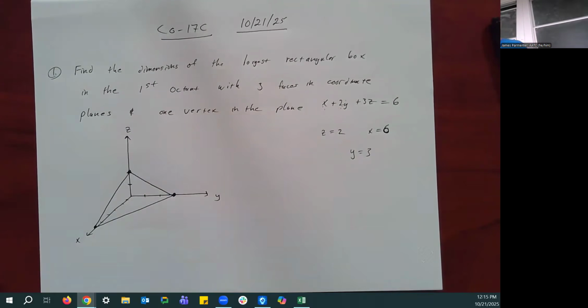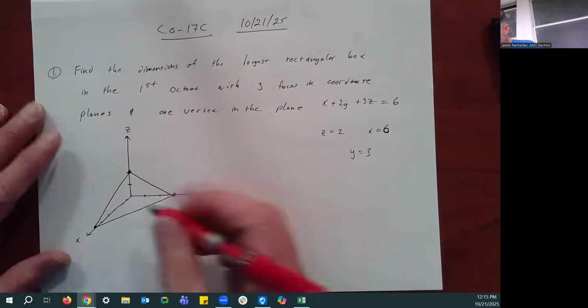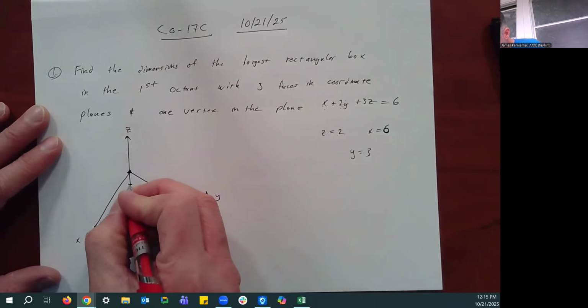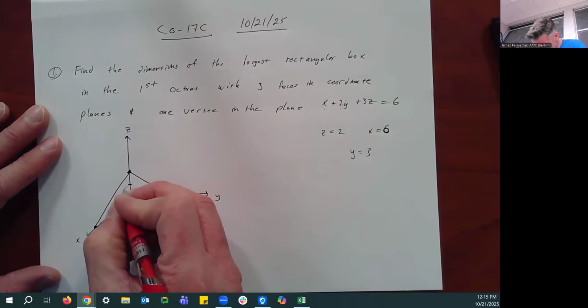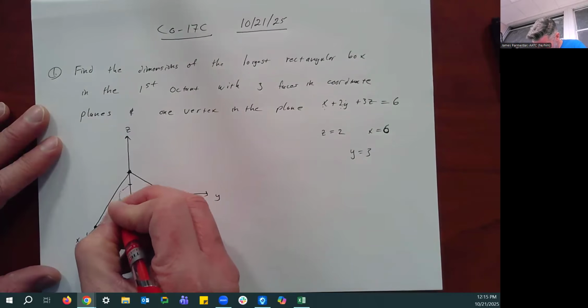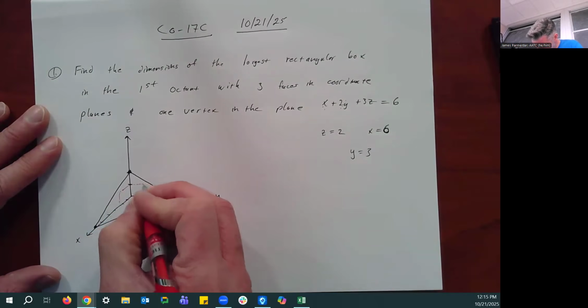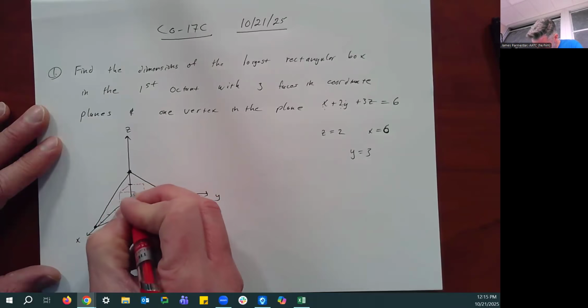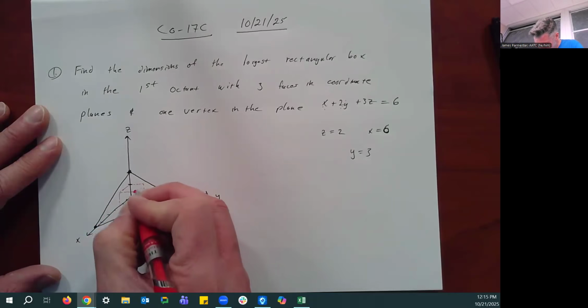So let's grab a different color pen here. So maybe it looks like this. It's going out this way and down this way, maybe over this way and down this way, and then over like here. And right there is where it's touching the plane.